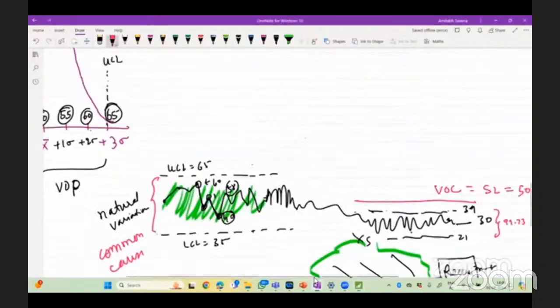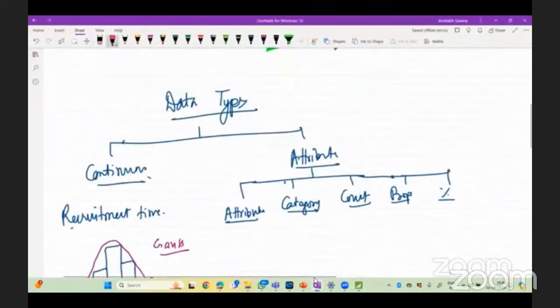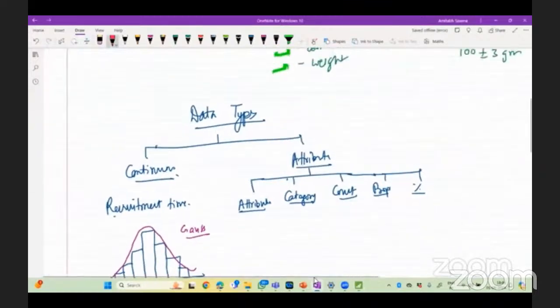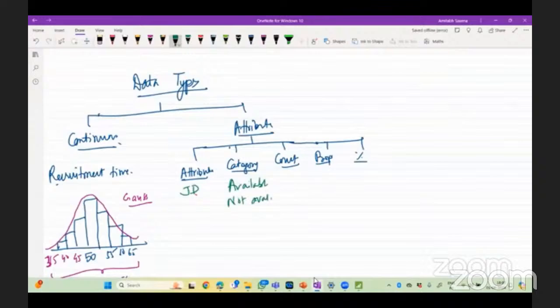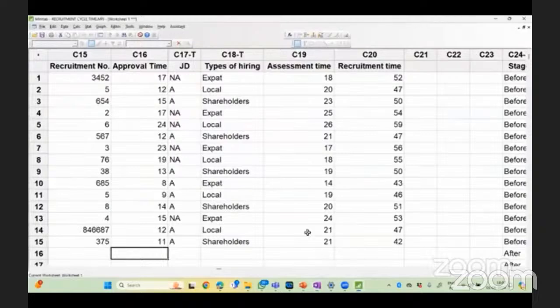So now let me take you back to, now there are 2 types of data. When I have attribute data, let's say job description available, not available, how many times it was available, how many times it was not available.